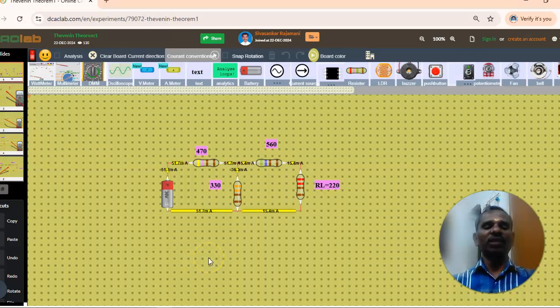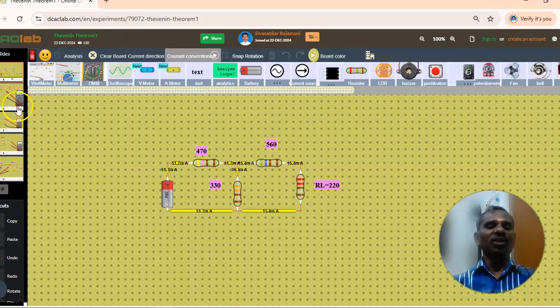Here we can see that the same circuit is drawn with a battery of 36 volts, which is connected with the resistance R1 470 ohms and 330 ohms R2 and a 560 ohm resistance, and we have the load resistance RL equal to 220 ohms. From this circuit we can see that the current flowing is 15.4 milliamps after connecting the battery.